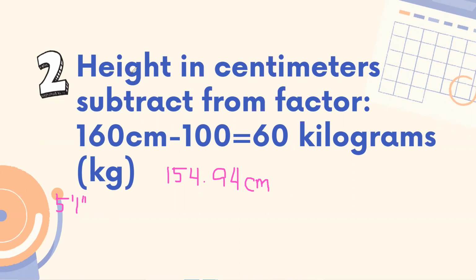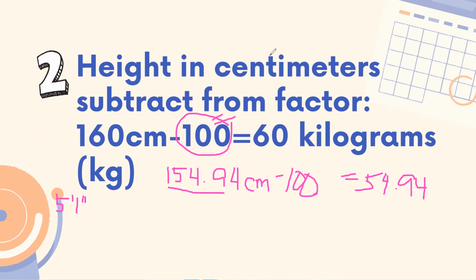So height in centimeters, this one, subtract from the factor 100. So this 100 here is constant. So 154.94 centimeters subtracted with 100 is equal to 54.94 centimeters.